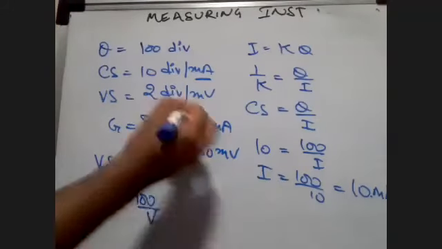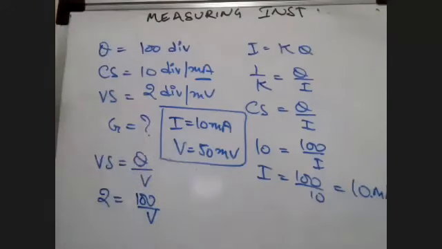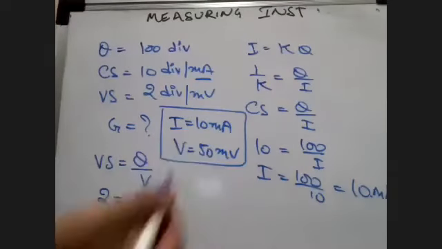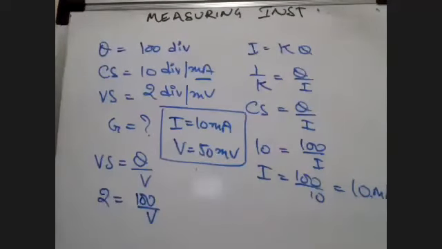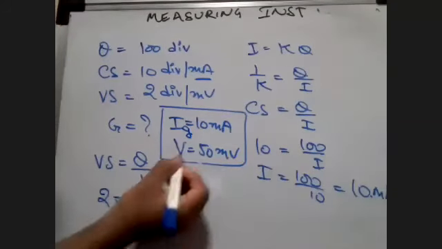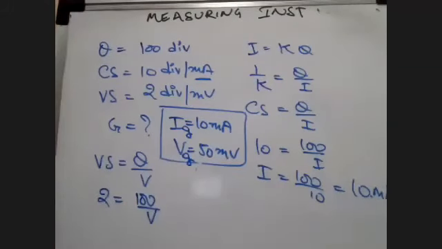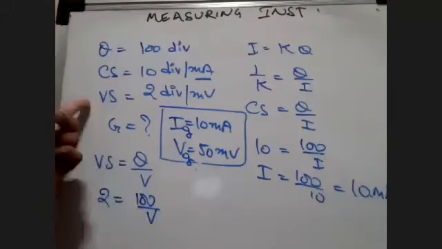So once we have got this, whose current is this? It is the current of the galvanometer, yes or no? So how am I supposed to define a current passing through a galvanometer? IG, please maintain IG and VG. Why am I telling IG and VG? Because later on we should not get confused between VS and VG or whatever.